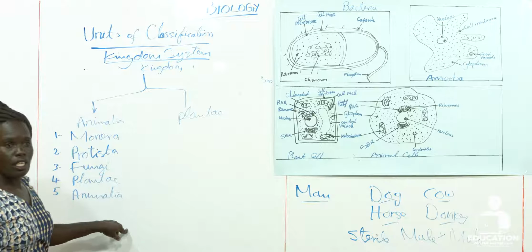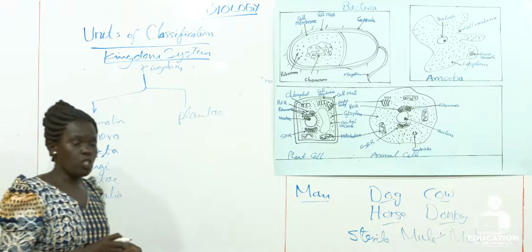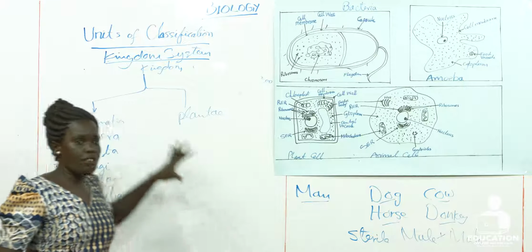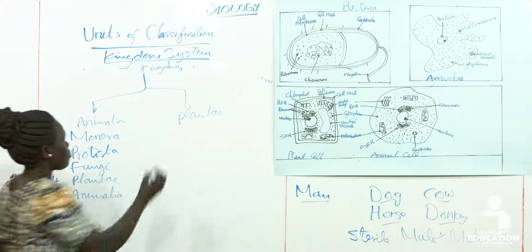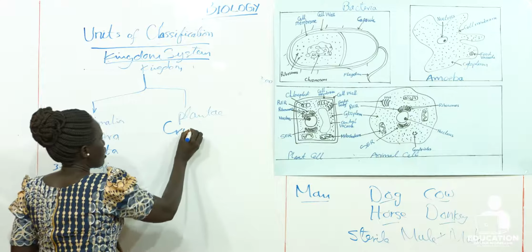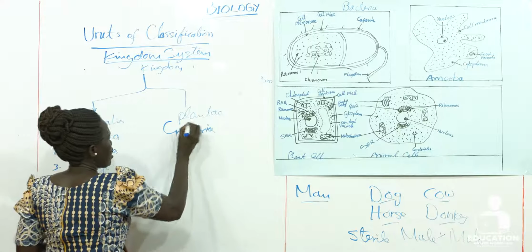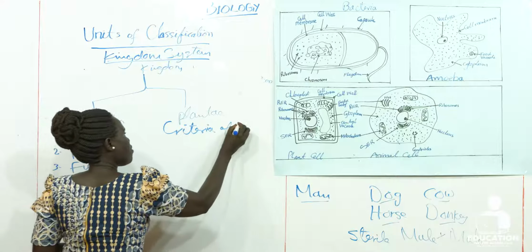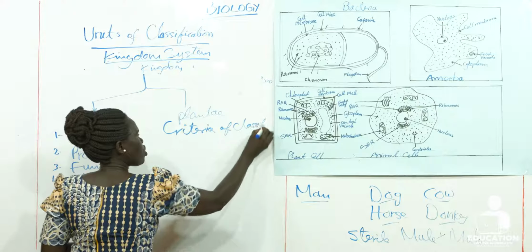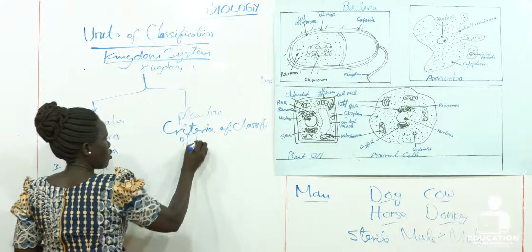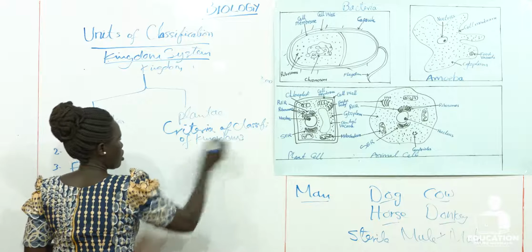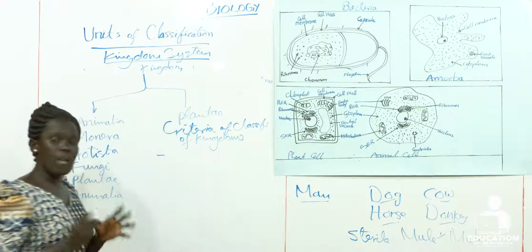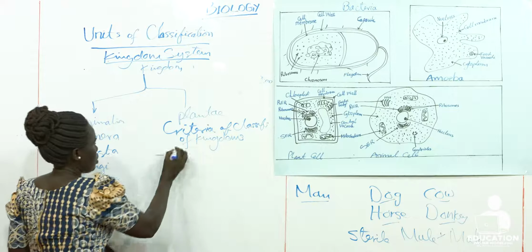The criteria which was used to divide the kingdom into 5. Criteria of the classification of kingdom. Number 1, the complexity of cell structure.